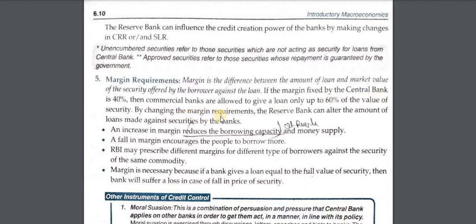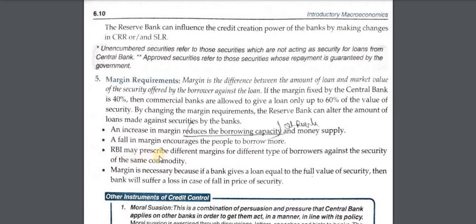By changing the margin requirements, the Reserve Bank can alter the amount of loans made against securities by the banks. An increase in margin reduces the borrowing capacity and money supply. A fall in margin encourages people to borrow more.